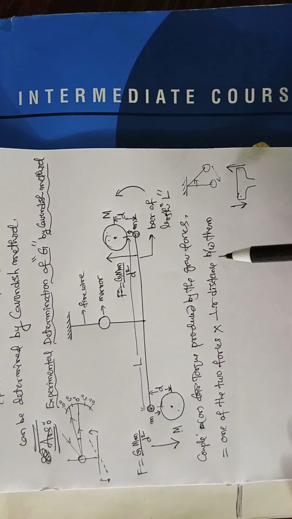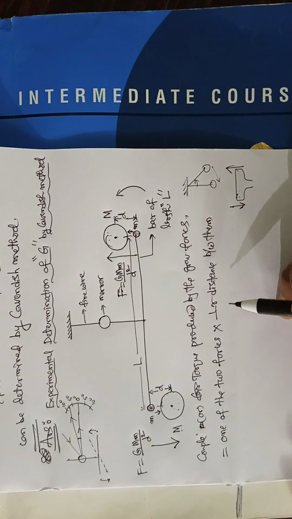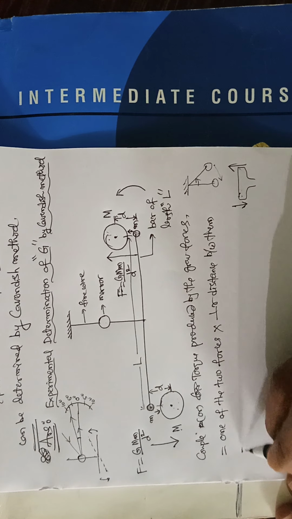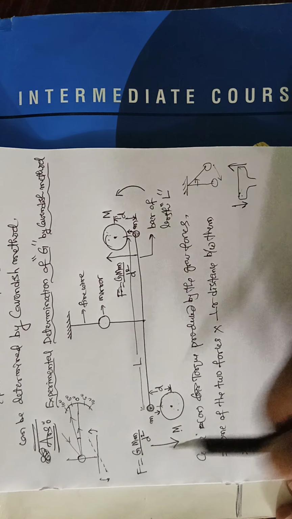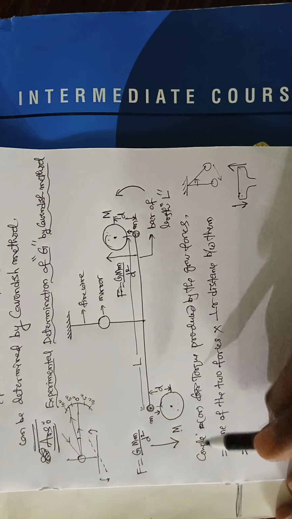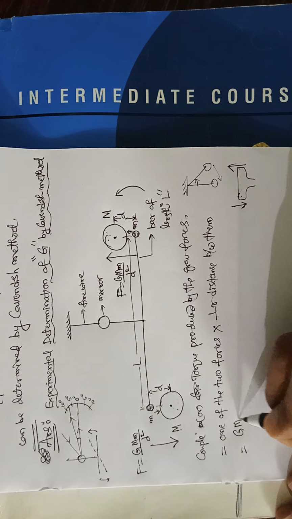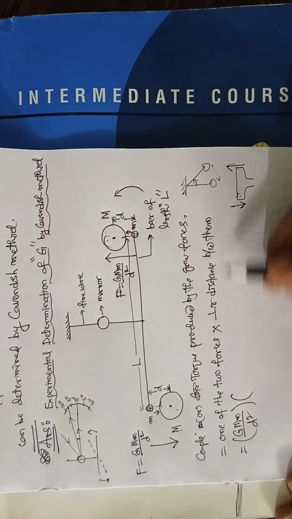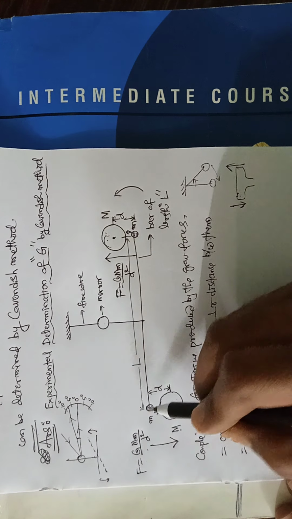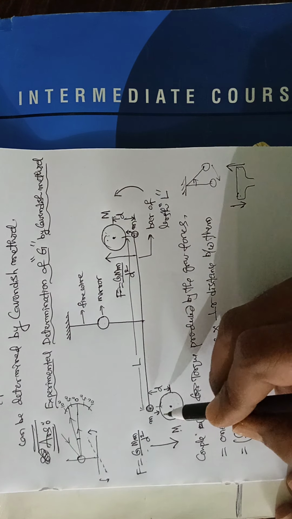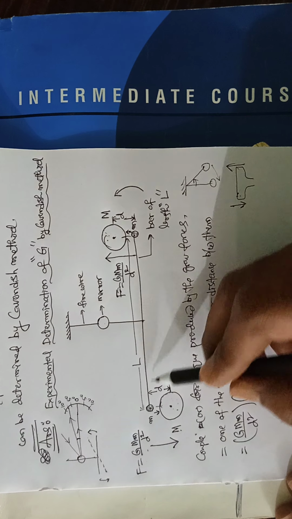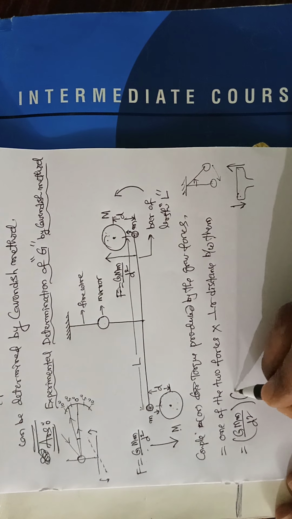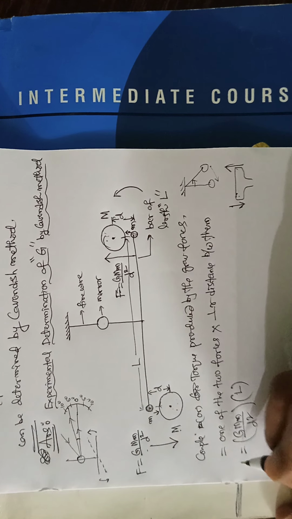Therefore this rotates, and that is called couple or gravitational torque. One of the two forces, since both forces are the same, we take G M m by d square into the perpendicular distance between them. Between these two forces, what is the perpendicular distance? L, the length of the rod. This is the couple.